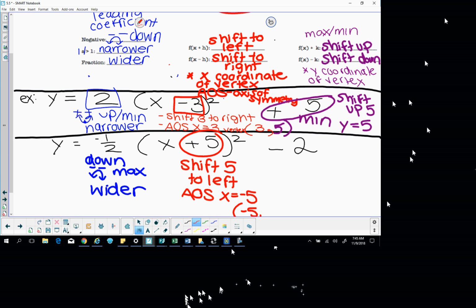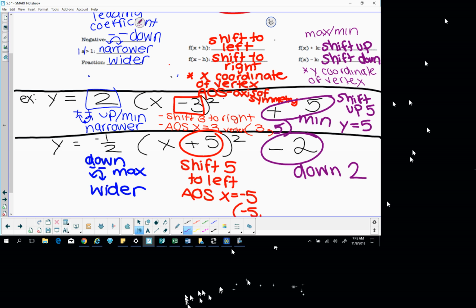All right, you want to give me the last one? Only when it's in the parentheses it changes. So if it's -2, see how this was going up 5? What would this one be going? Down. How many? 2.